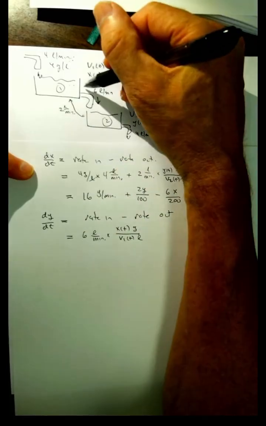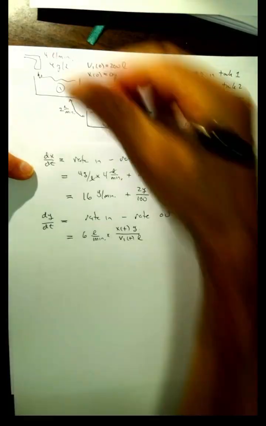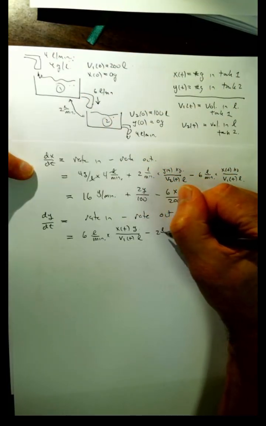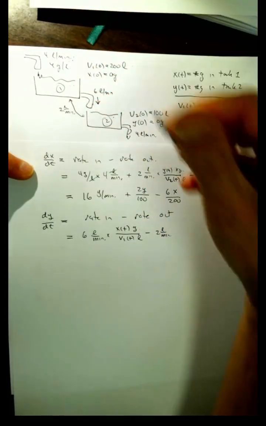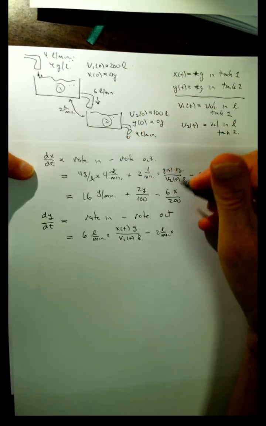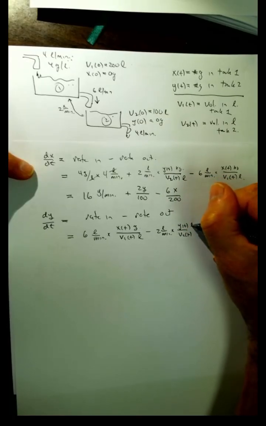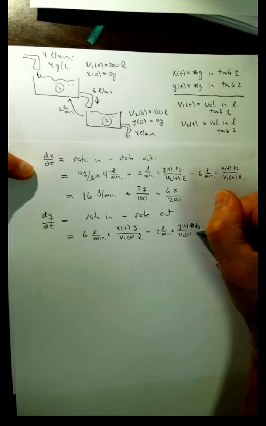Oops, that's wrong. Oh, that's right. That's what's coming into tank 2. What's leaving, well, I've got 2 liters per minute leaving, going back to tank 1, and that's going to be times the concentration in tank 2, which we already said was y of t divided by V2 of t.